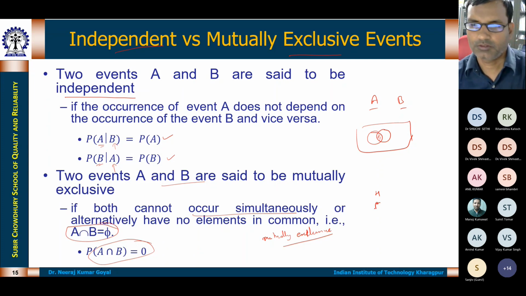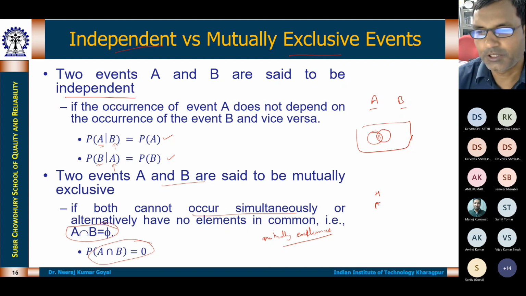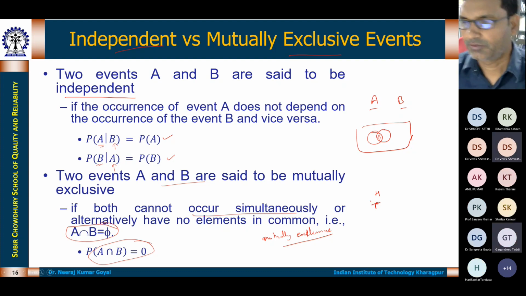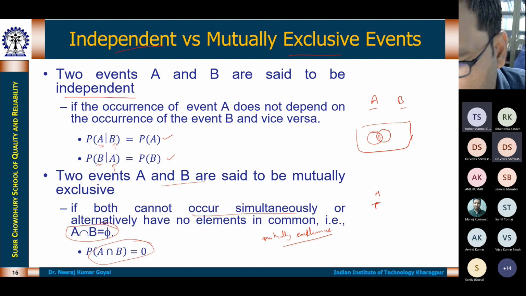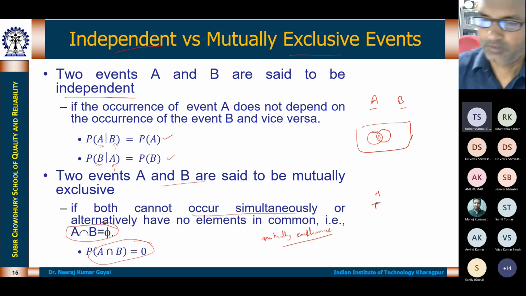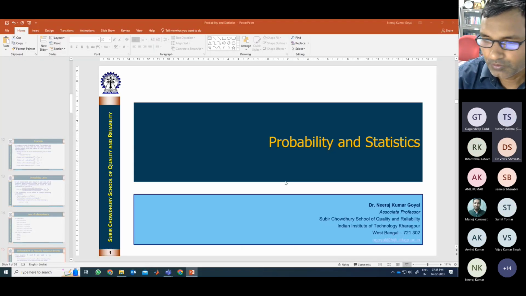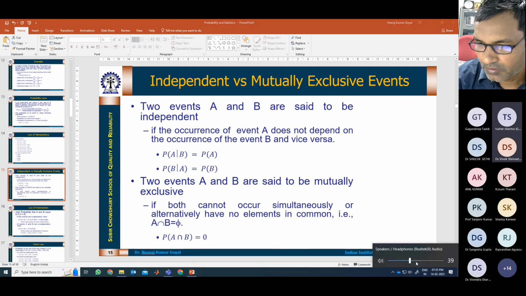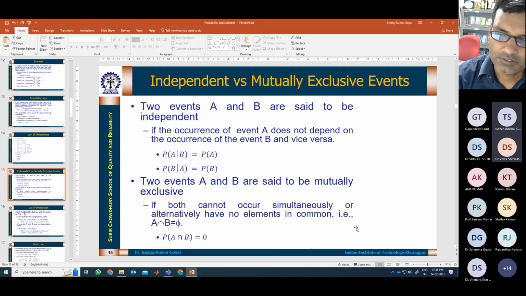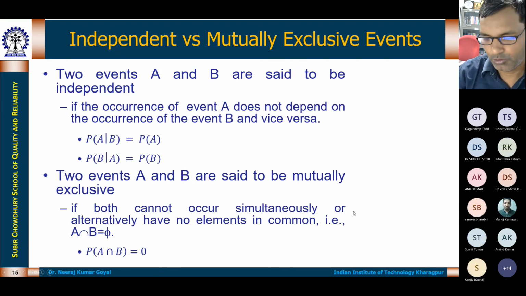So basically, exclusive events are those events which are independent, sir. Any more? How many say independent? Sir, independent and exclusive events are completely different. Yes, different. But I'm saying, if an event is mutually exclusive, which category may they belong to, independent or dependent?